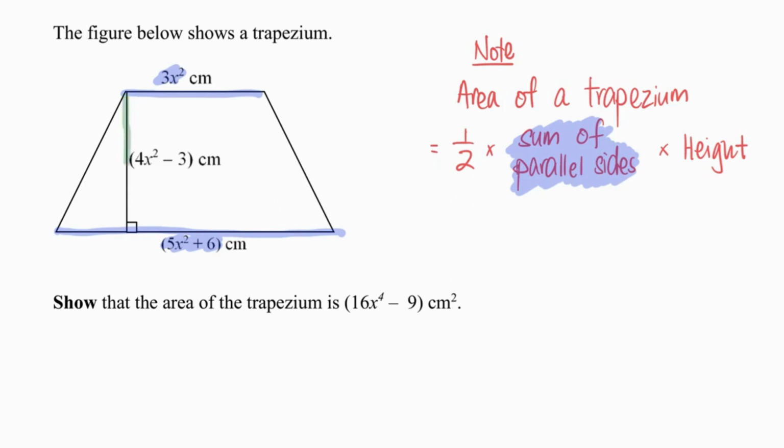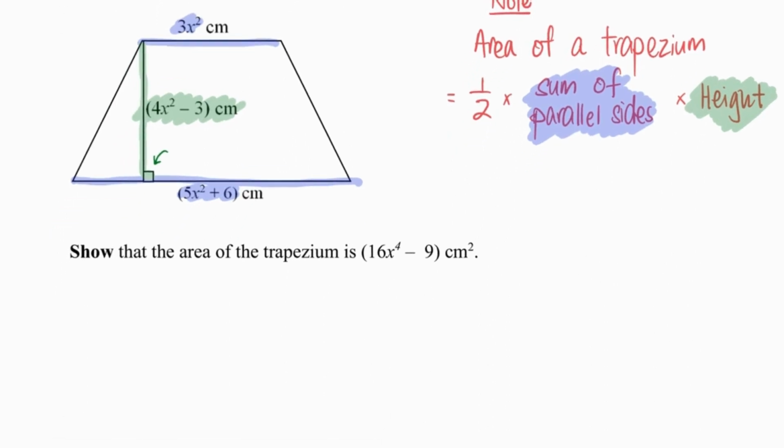Another piece of information that this question gives us is the height. How do I know it is a height? It is perpendicular. Yep. So therefore, I also have the important height here. So all we have to do is to apply the formula for the area of a trapezium, which I'm going to apply now.